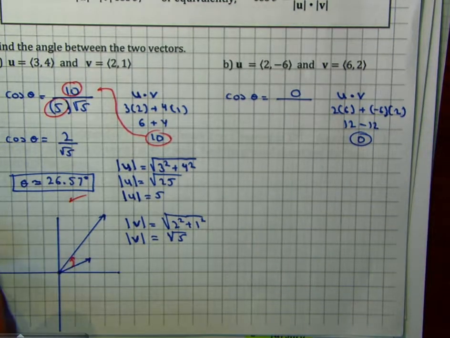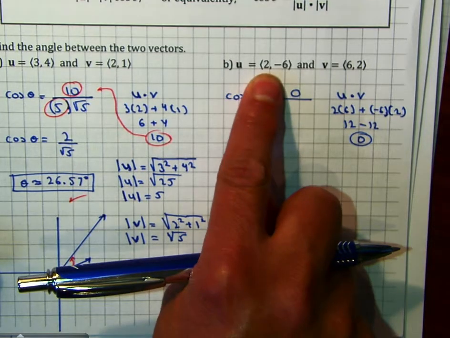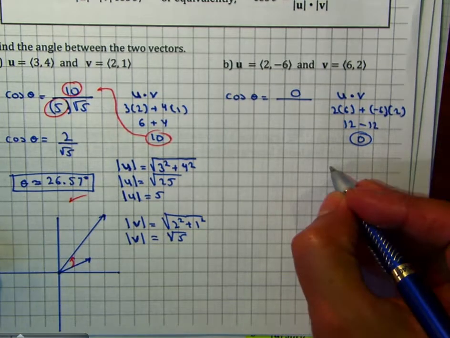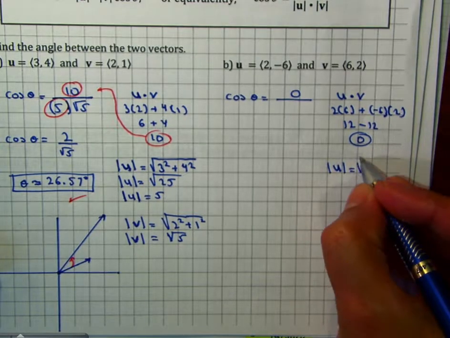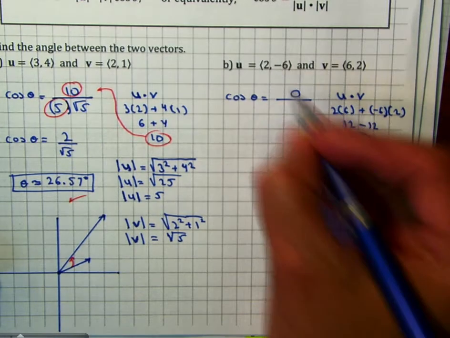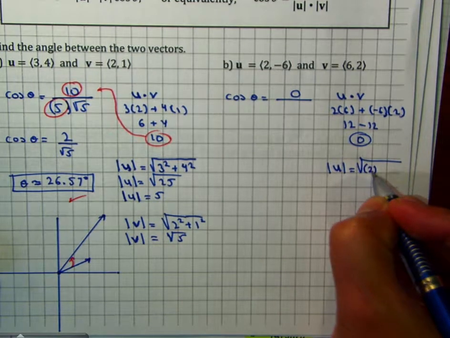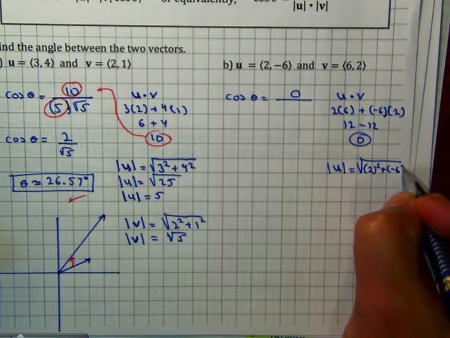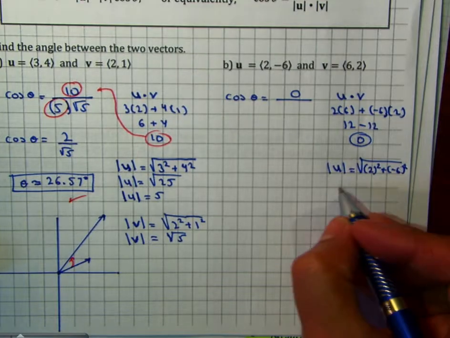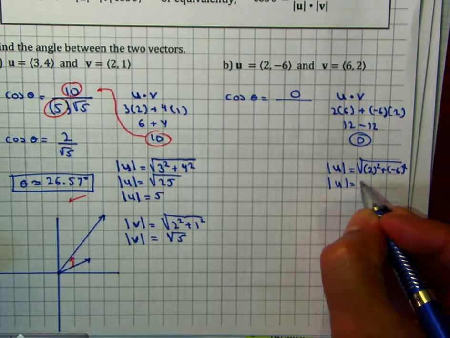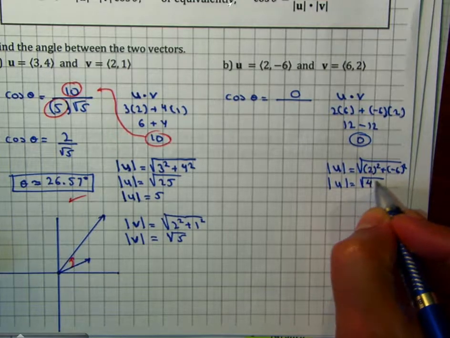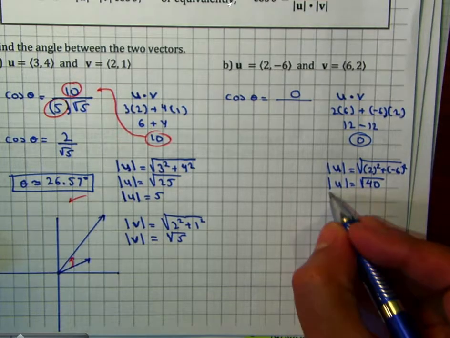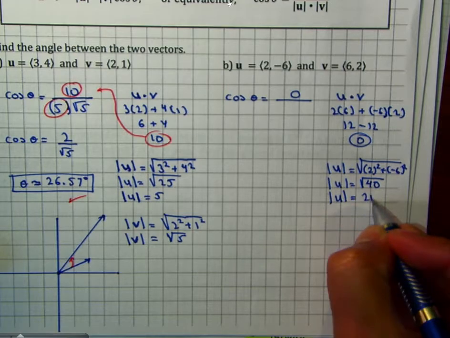And now I'm going to multiply the magnitude of u, which is 2 squared plus negative 6 squared. So therefore the magnitude of u will be 4 plus 36, which is the square root of 40. And I can simplify as 2 square root of 10.